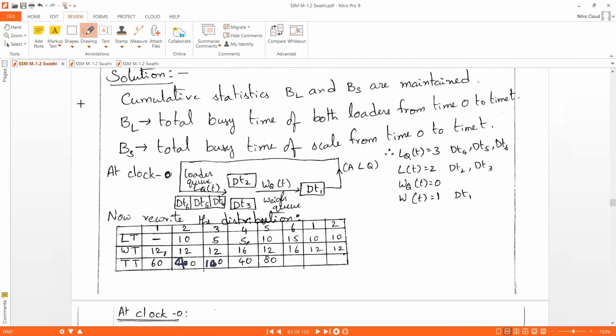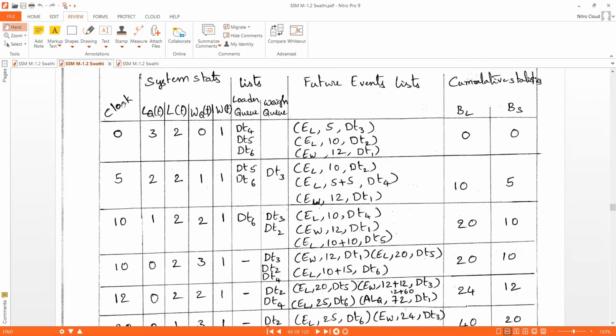We'll see from this table. DT4's loading time is 5 minutes. And what time has the loading started? Loading started at simulation clock time 5. So 5 plus 5, 10, is the ending time for loading for DT4. So we'll write EL comma 10 comma DT4.